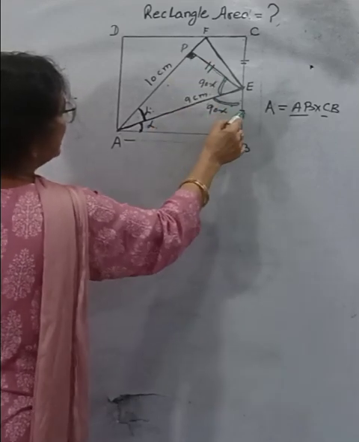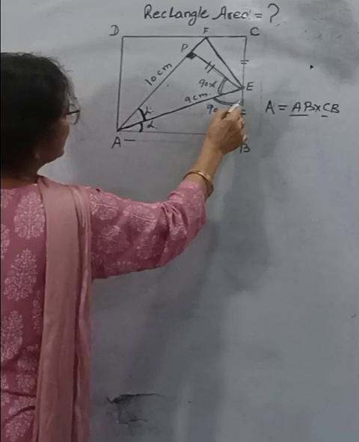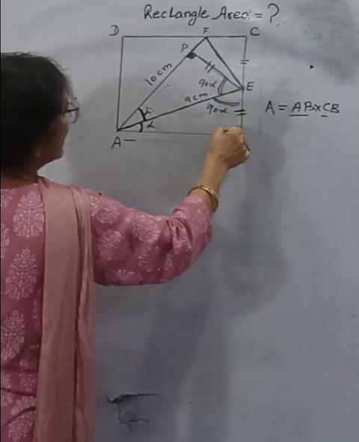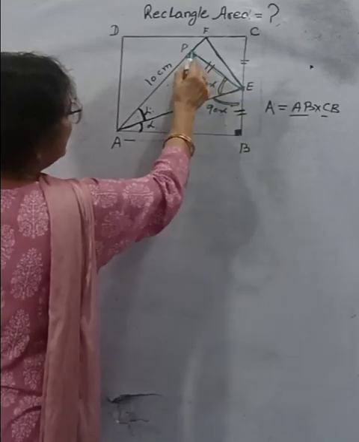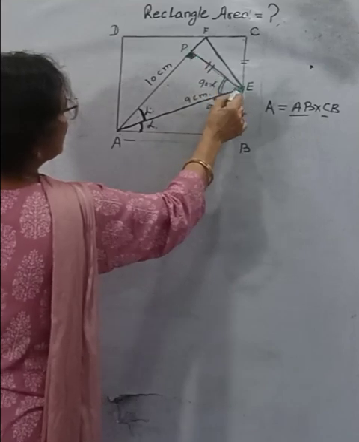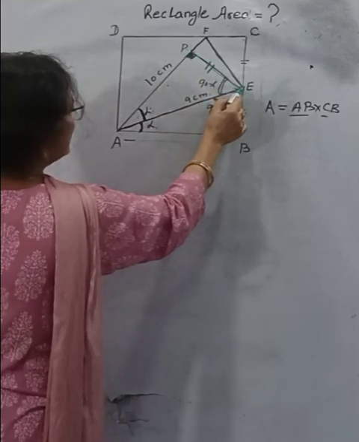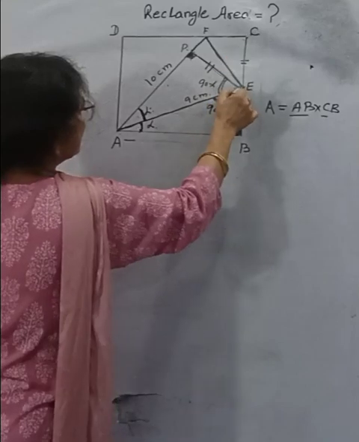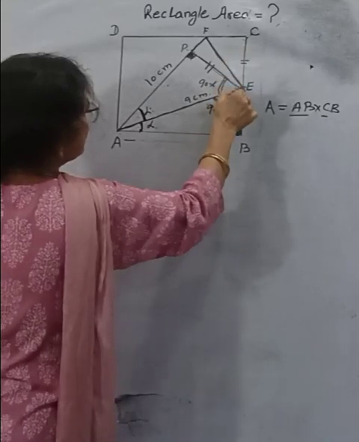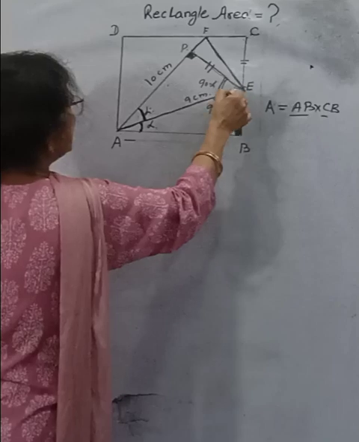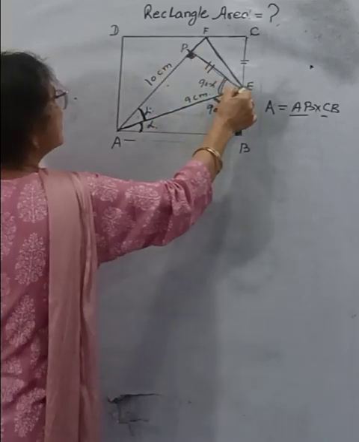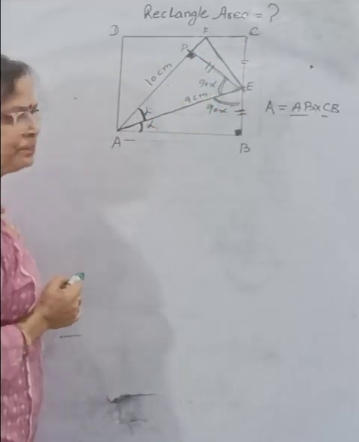It means this side will be automatically equal to this side, so EB is equal to PE. Now PE will also be equal to EC, because E is the midpoint, so EC is equal to EB. So we can say that PE is equal to EC.